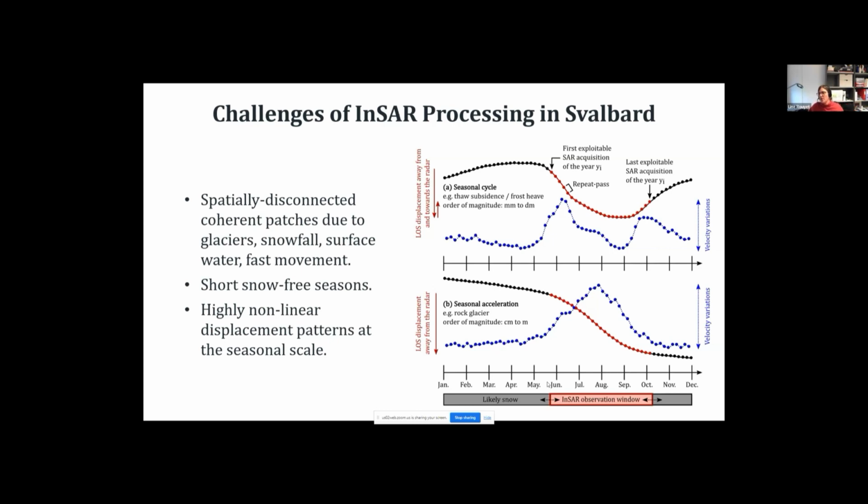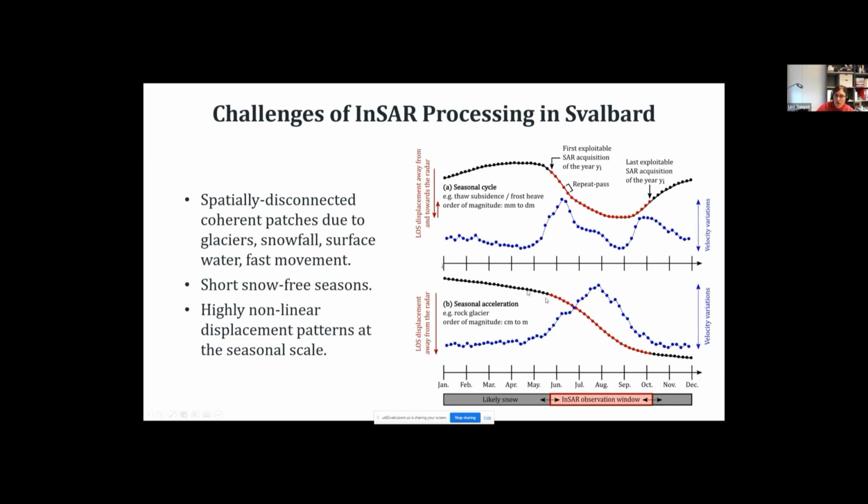Due to frost impact, the movement patterns are different compared to temperate environments. So many parts of the terrain, as we can see in this first graph here, are affected by cyclic patterns, subsidence and heave, as Maria explained before.